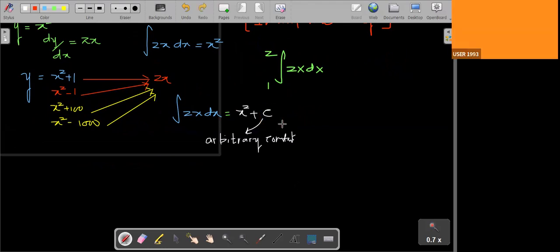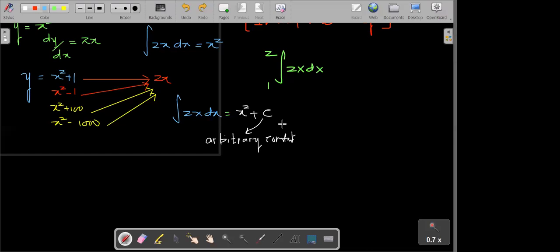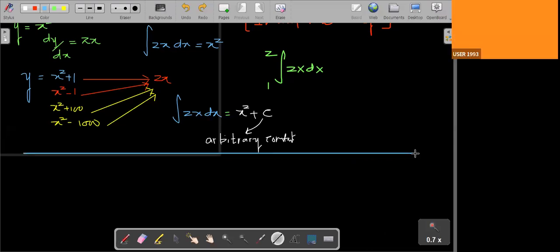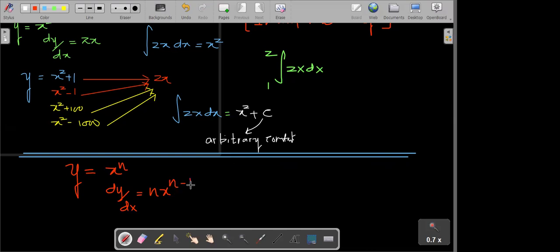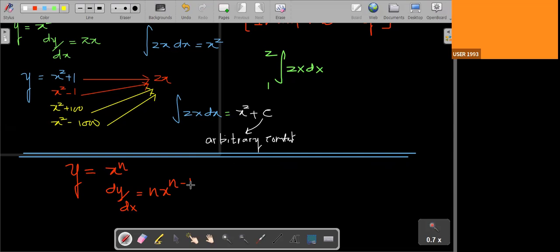Now, we have a rule to differentiate a function, x to the power n: dy by dx is equal to n x to the power n minus 1. This is to differentiate, but there's a similar rule to integrate.